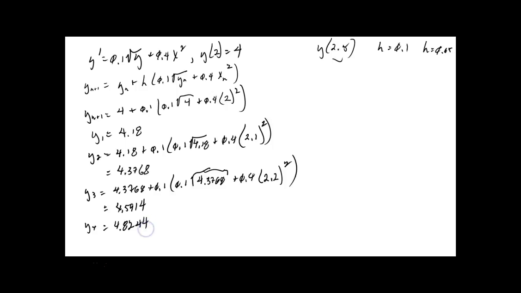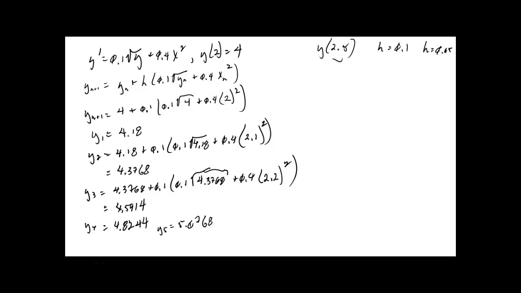Then you do the same thing, and your y5 is going to come out, and this is where you stop, 5.0768. Now, again, we don't know how close or far we are from what the answer is. That's just our best guess.